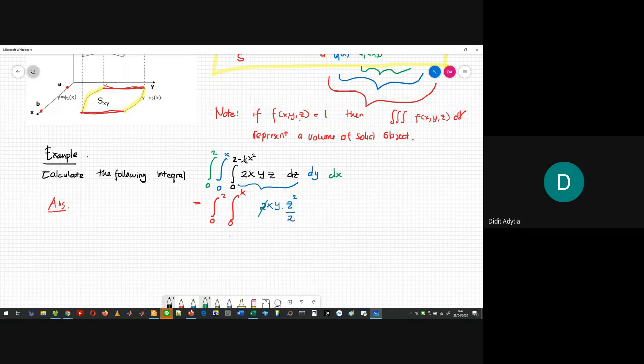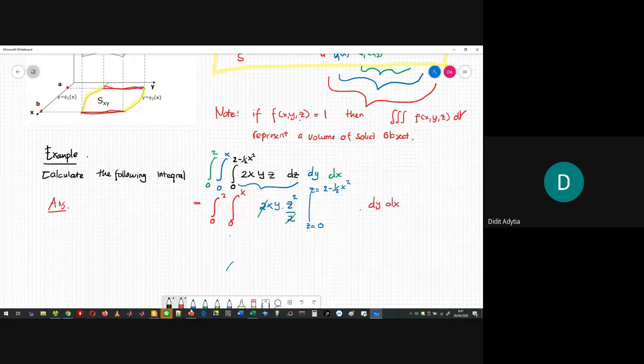And then I delete it. Okay, finish. So it becomes, this one is z from 0 to something, which is 2 minus a half x squared. Okay, and the rest is the same. This is dy dx. Okay, so we solve this part first, and then this is from 0 to 2.